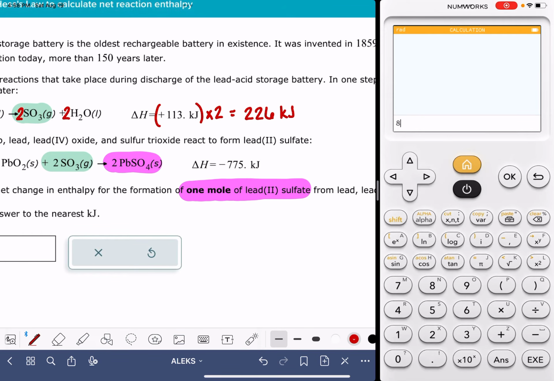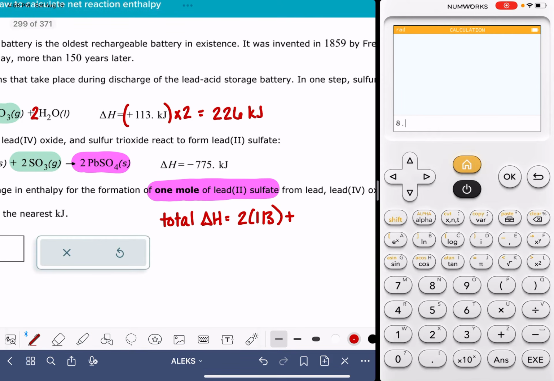So our overall delta H is going to be 2 times 113 plus that negative 775. I left the units off there. 226 minus 775 is negative 549 kilojoules.